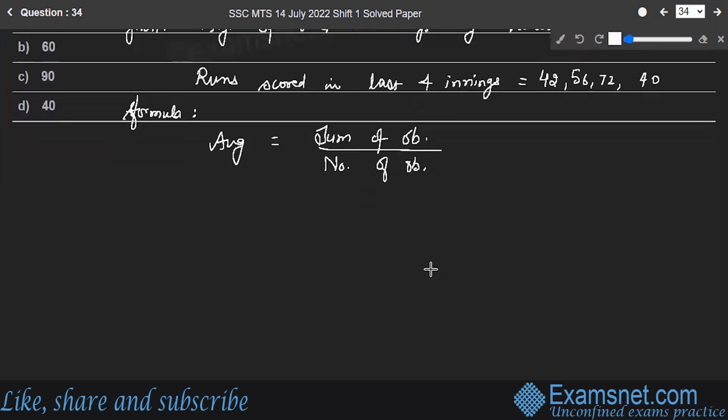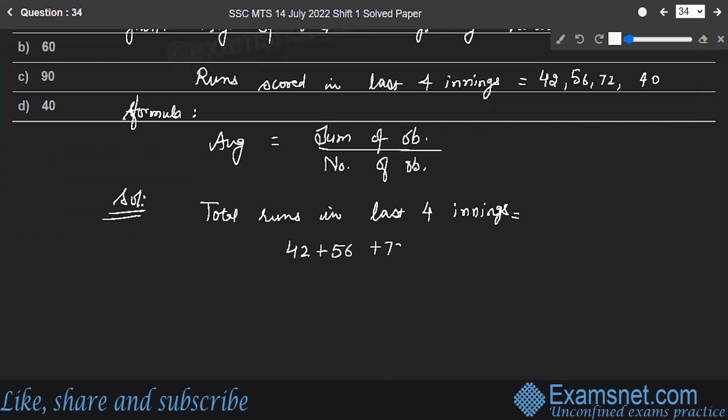So let's go with the solution. First of all, total runs in the last 4 innings is equal to 42 plus 56 plus 72 plus 40, which is equal to 210.